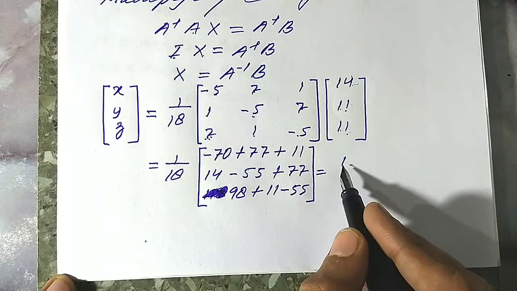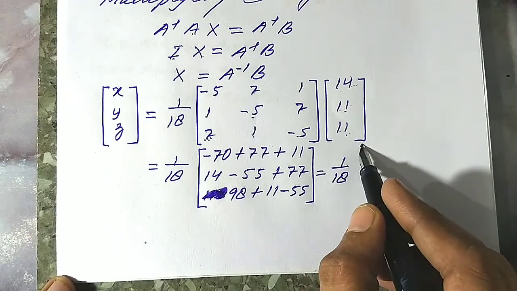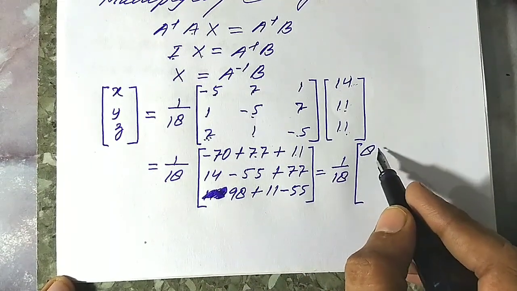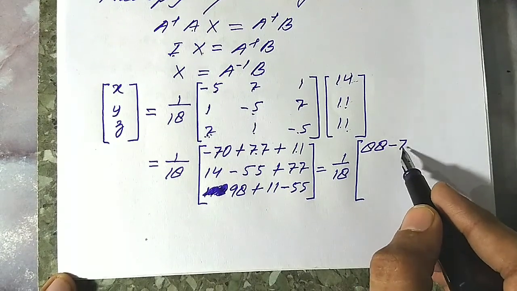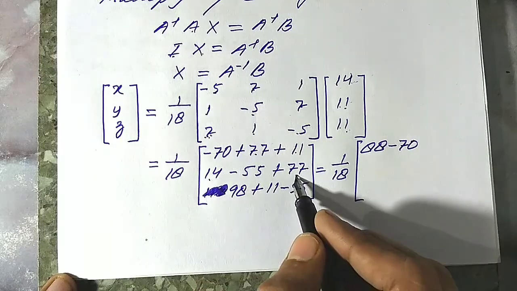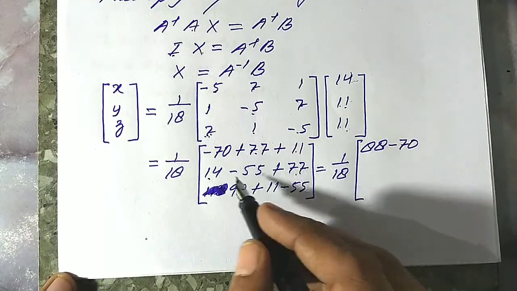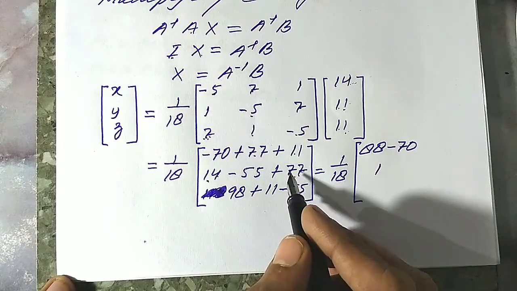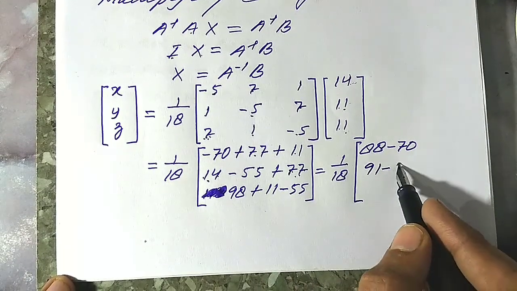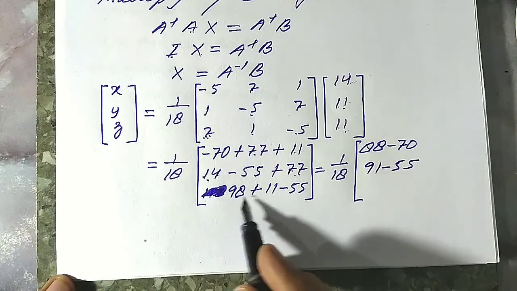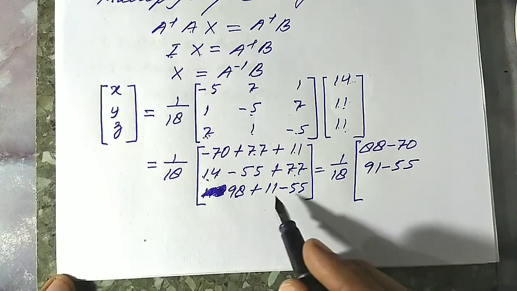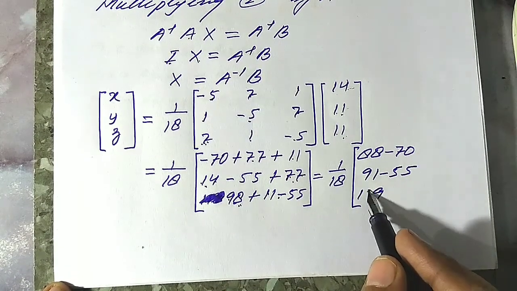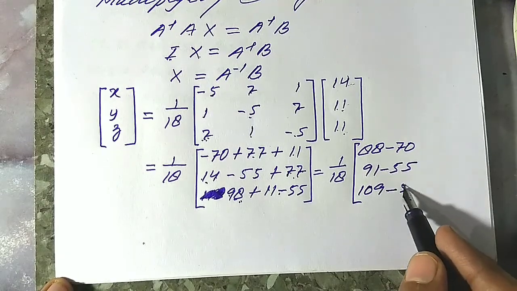So we have 1 upon 18, and in the column matrix we have 77 and 11, both are positive, should be added. So we have 88 minus 70, and here these two terms are positive, 14 and 77. So adding them up, 7, 4, 11, 1 carry over, 8 and 1, 9, 91 minus 55. And here these two terms are positive, so adding them up we have 98 and 11, 109 minus 55.